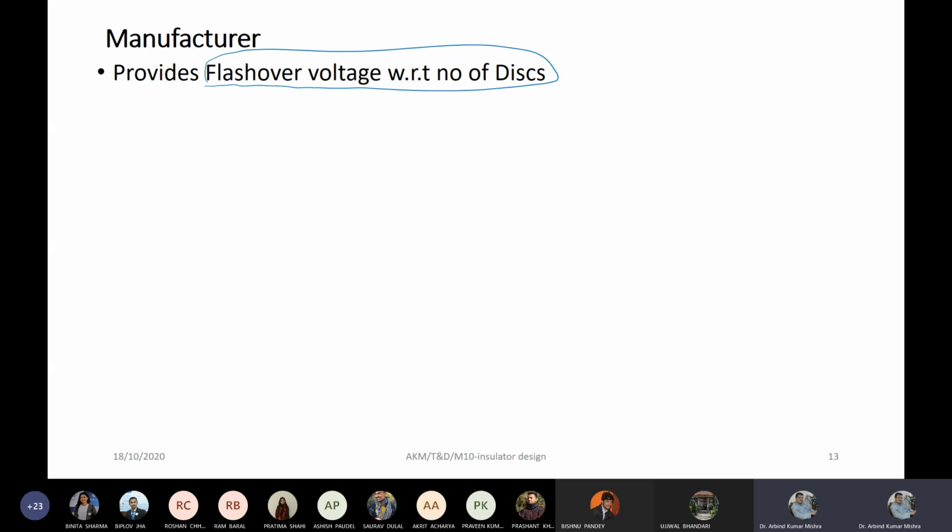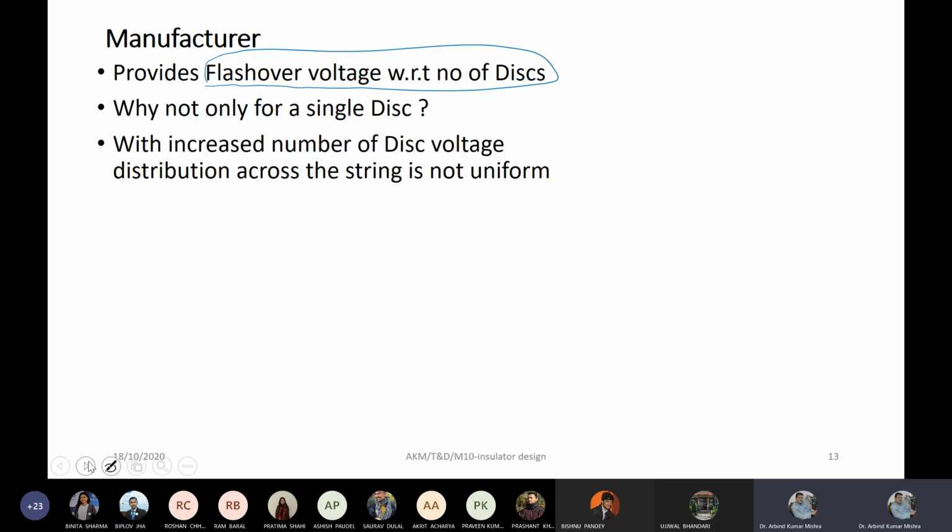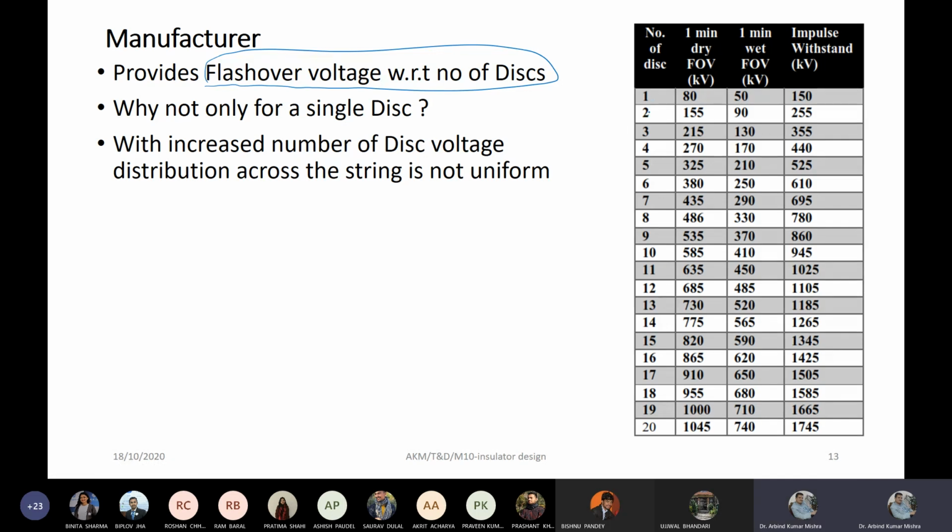Based on the shape and size of the different discs, they provide a flashover voltage with respect to the number of discs. For example, if we use a given number of discs, it can withstand this much for 1 minute dry, this much for 1 minute wet, and this much voltage as an impulse voltage.